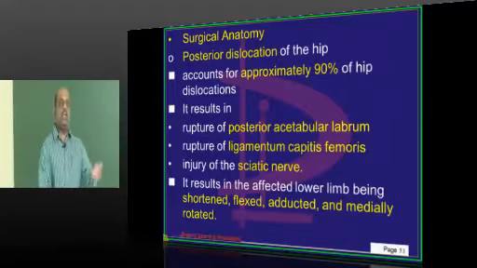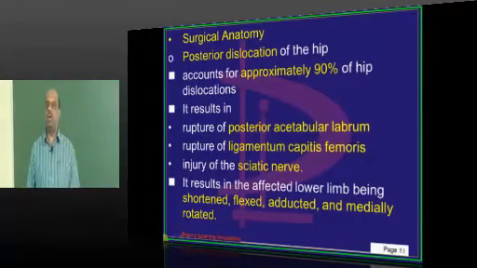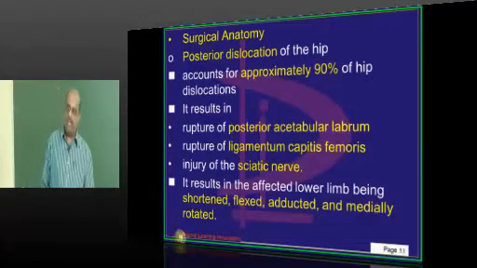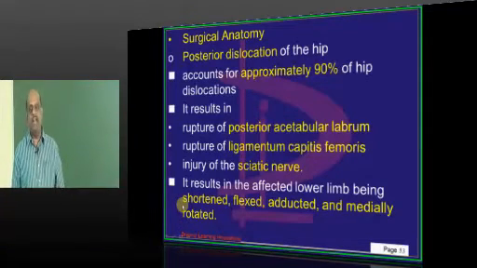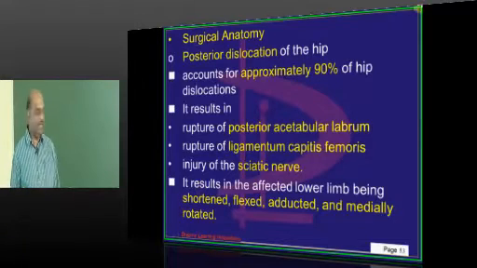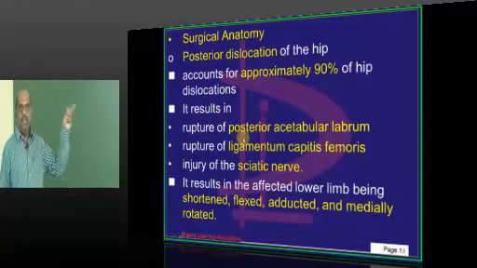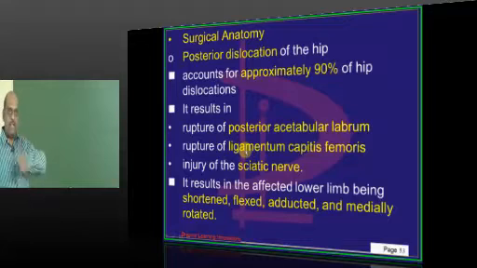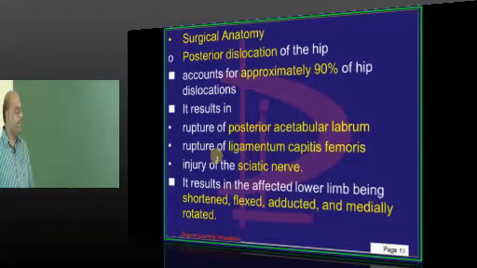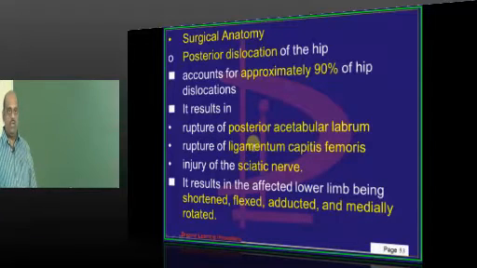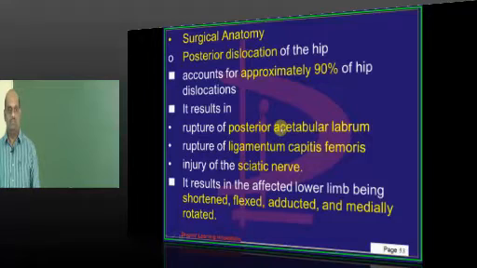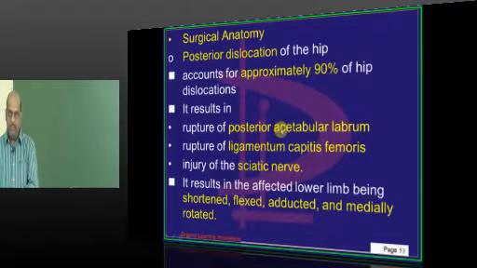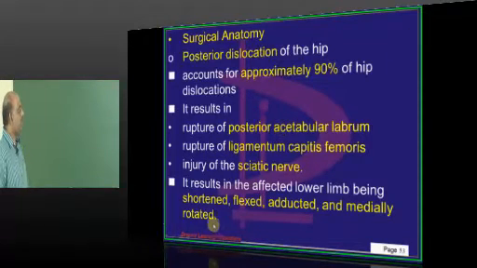Between anterior dislocation of the hip and posterior, which is more common, doctor? Posterior dislocation. Whereas in the shoulder joint, anterior dislocation is more common than posterior. And whenever posterior dislocation is there, the acetabular labrum posteriorly becomes injured, the ligamentum capitis femoris is injured, and the sciatic nerve, which is passing behind the hip joint, is injured.